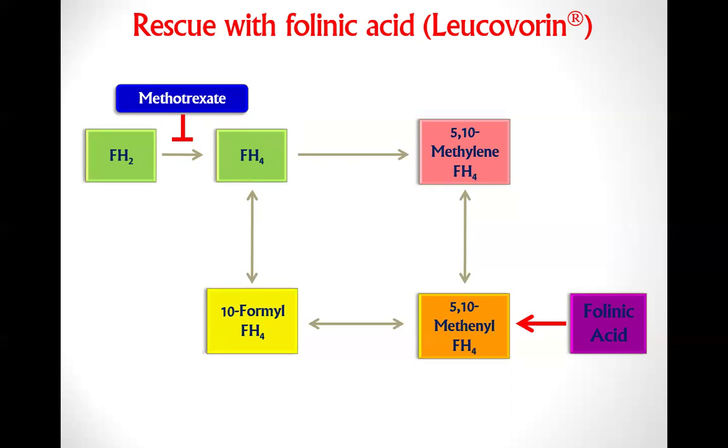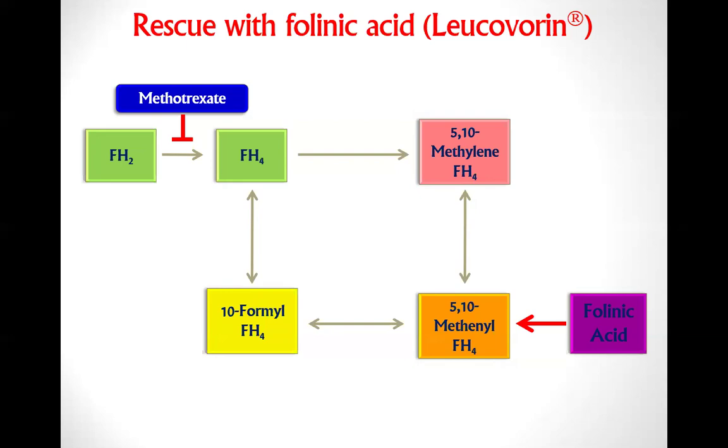That enzyme, upstream in the earlier events, was inhibited by methotrexate. But now we are providing a product which is biologically active and not at risk of being inhibited by methotrexate. It's much later.